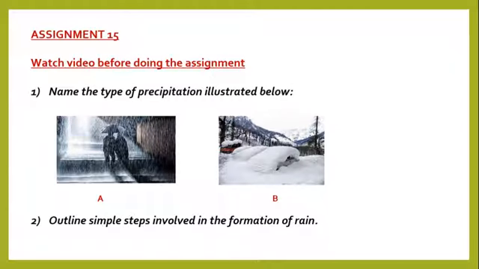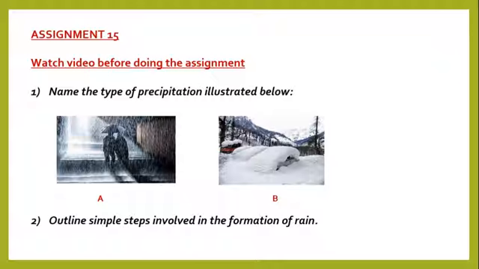Alright, as I pointed out in Our World, Our People, our assignment is no longer detached or separated from the lesson. It is now attached. And so after studying a lesson, you can do the exercise as well without going to other places on the web to download the assignment.